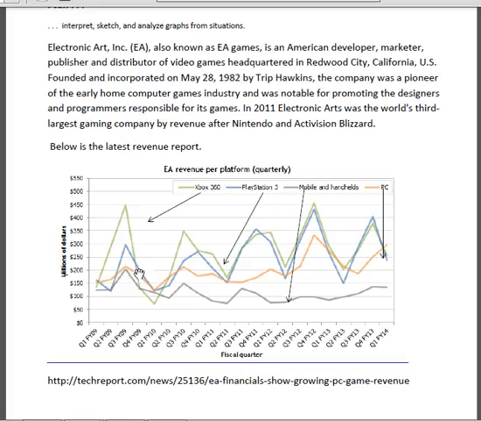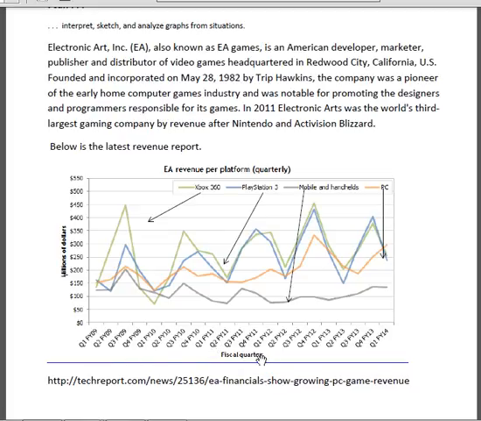So if you look, you can get a lot of information from this graph, and you can interpret and analyze what it means. And you'll see that we've got Xbox 360, PlayStation 3, mobile and handhelds, PC. I don't see the EA revenue on there, but you can tell different things from the different shapes and the different increases or decreases and what they mean.